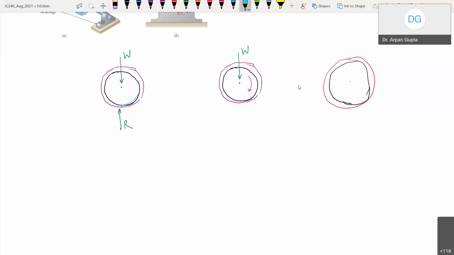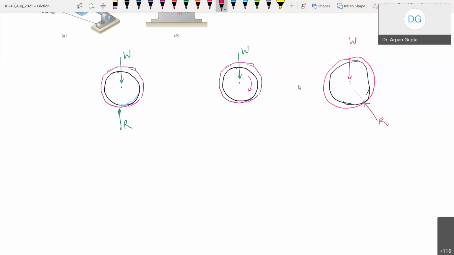Now if I see the force balance, the load W is anyway acting downward, but now this reaction is going to be applied at some other position. This reaction is the net resultant from the surface, which includes friction, and it will pass through the center.